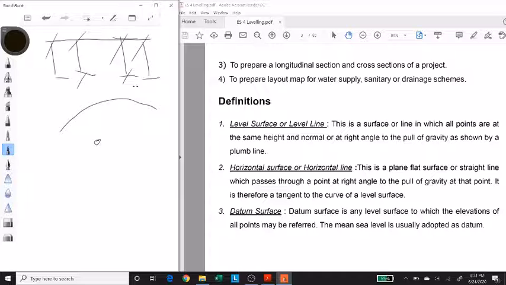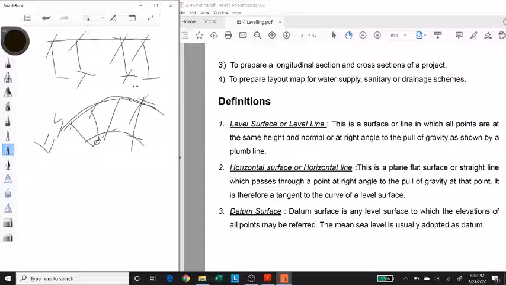It's a curve. So this curve would have points at the same height from that reference line, because the shape of the earth also has the same curvature. So this line is called a level surface or a level line.